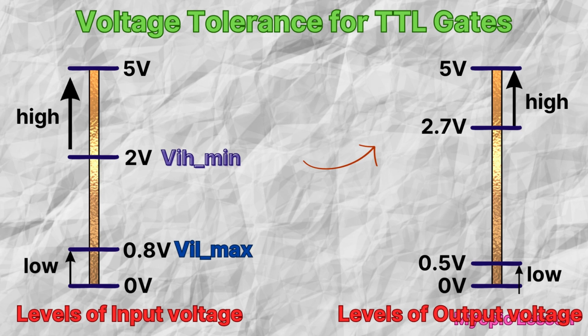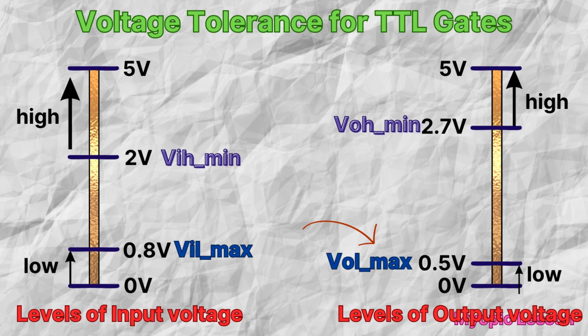The minimum voltage required at the output for which it will be treated high is called VOH min. The maximum voltage permissible at the output, for which it will be treated low, is called VOL max.